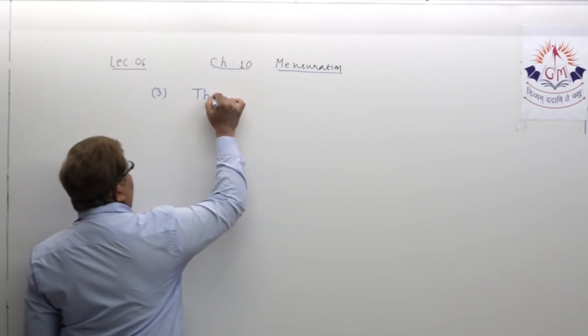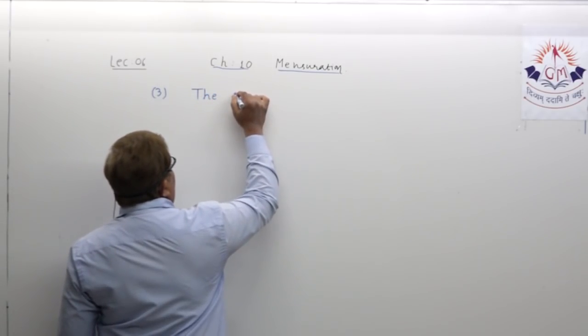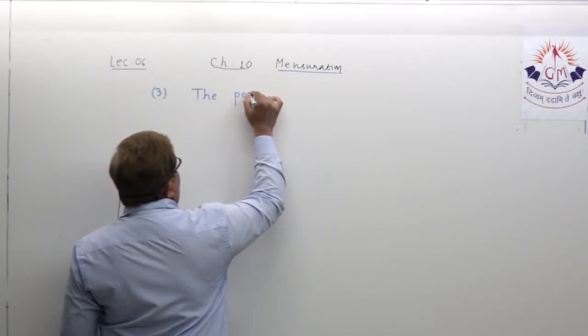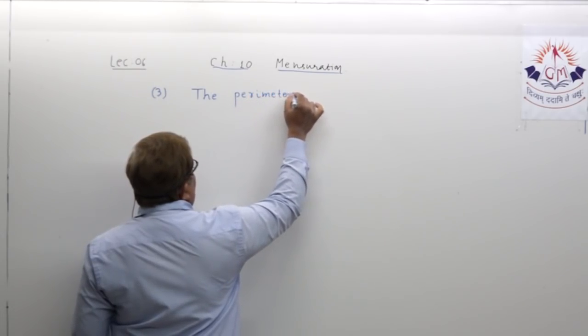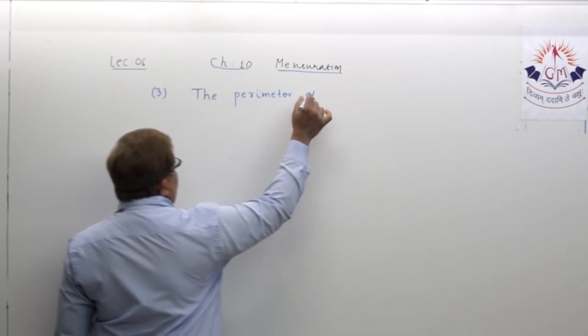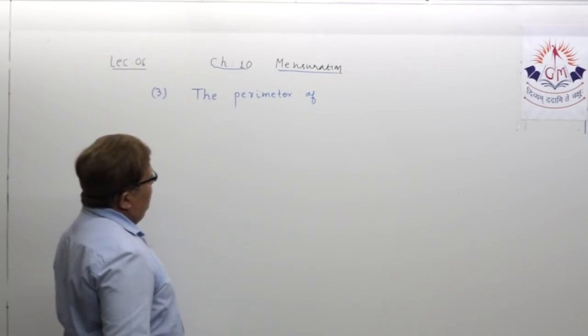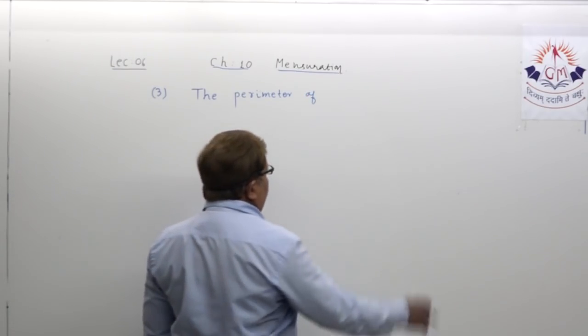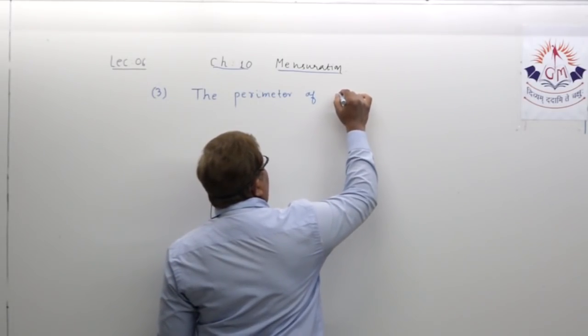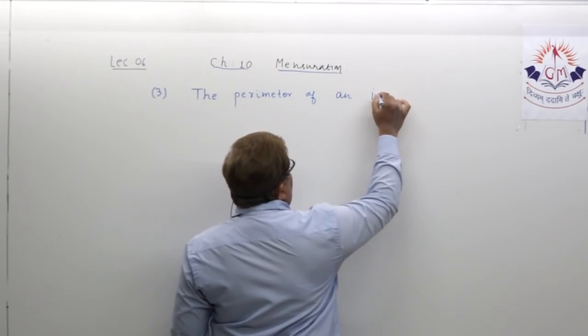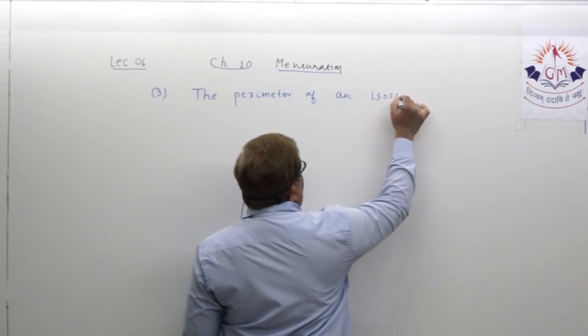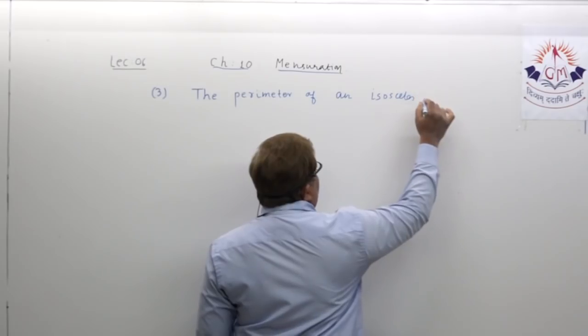Just write down with me the perimeter of an isosceles triangle.